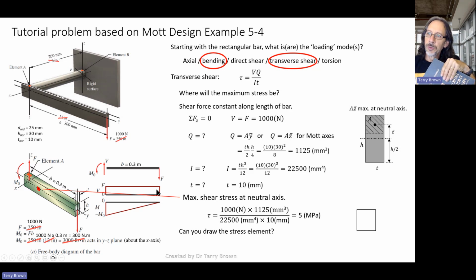So we've got this force pushing down here. If we draw a little square, this square here represents a point here. Right? And if we have this V on either side of this little square, what directions are those stresses going to be?